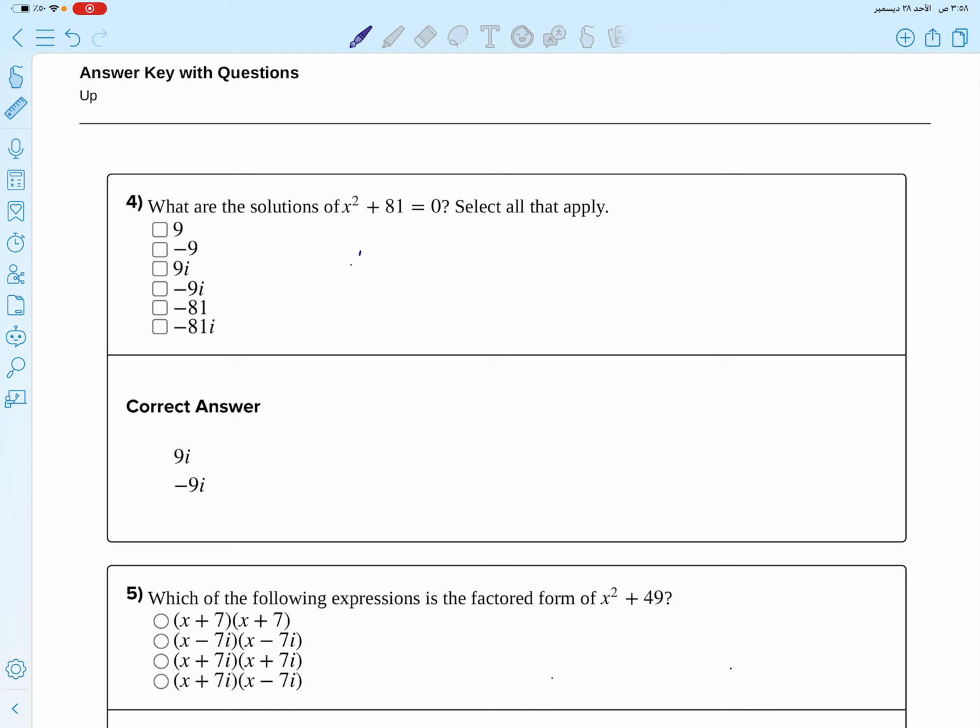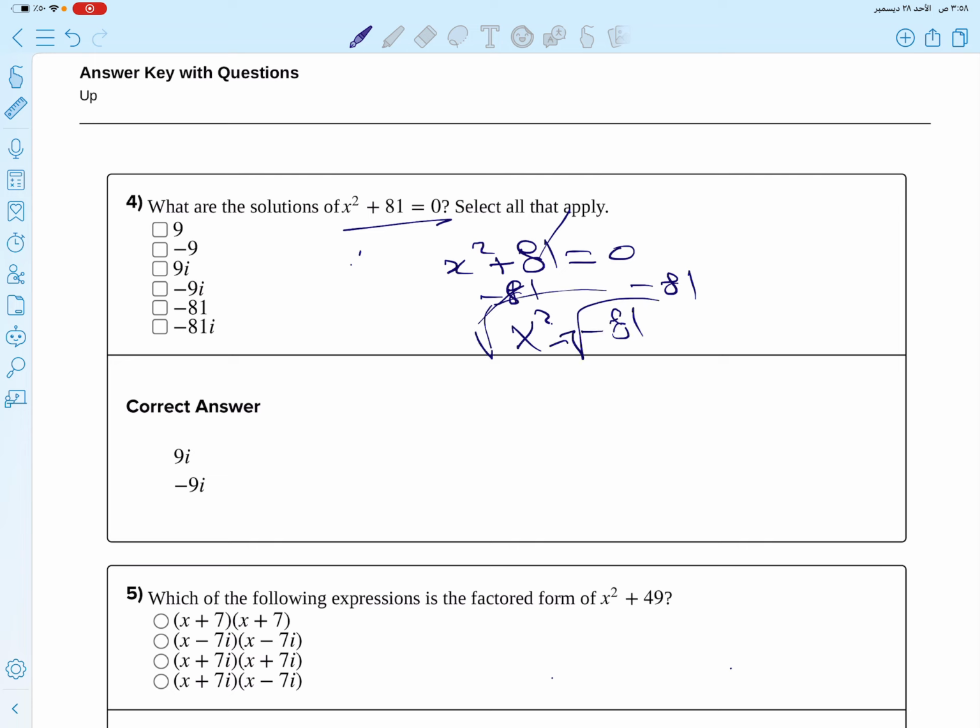What are the solutions of x squared plus 81 equals 0? Select all that apply. As an equation, we can solve it in this way. Look, quadratic equation: we subtract 81 from both sides, so x squared equals negative 81.